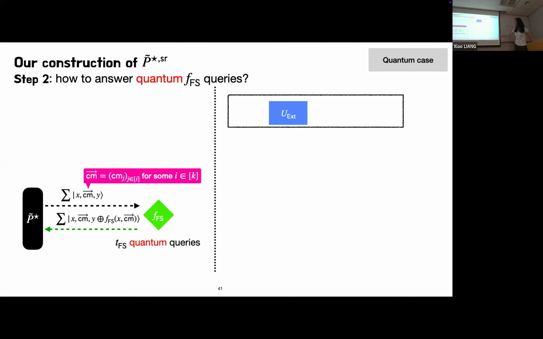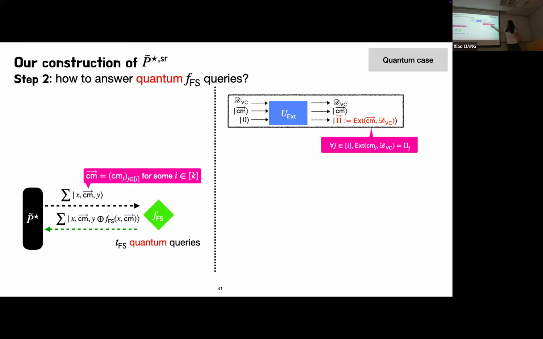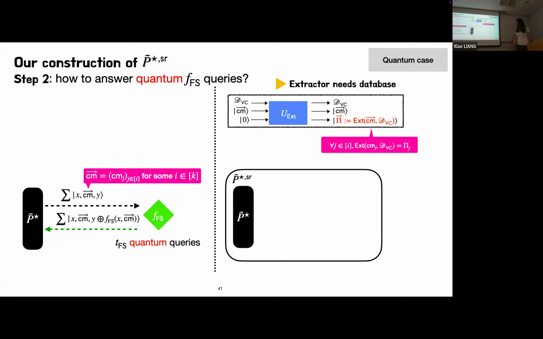So the prover can make superpositional queries and get back superpositional answers. We use this U extract, which also takes in the database register, and it's basically a coherent implementation of the classical extract algorithm.